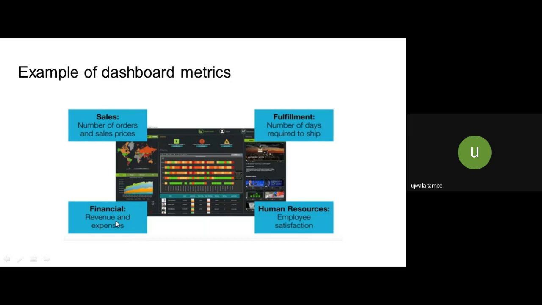So all these things are related to the financial. And at the end, the human resource. So in human resource we can select the employee satisfaction rates, or we can say the turnover rates for the human resource. So these are examples of metrics based on the sales, financial, human resource, and the fulfillment.